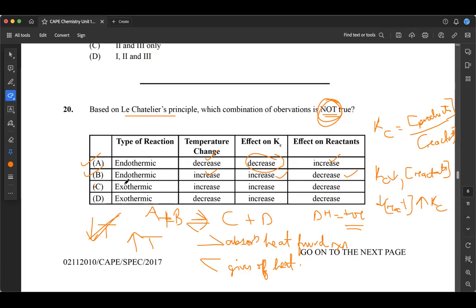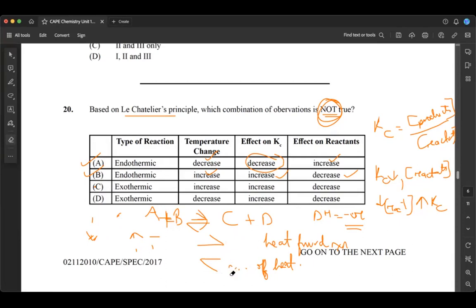Now, let's think about an exothermic reaction. Let's reset what I have down here. If I have an exothermic reaction, it means that my delta H is negative. So the forward reaction is going to give off heat. So this is negative. Let's change this here so we're on the same page.